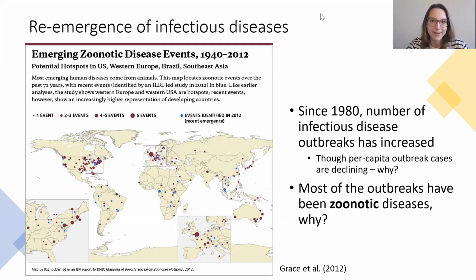Does anyone want to help me interpret that? Why would we have that happen? What does that mean? Even though the number of outbreaks is rising, the per capita cases have been declining over time. Why might that be?